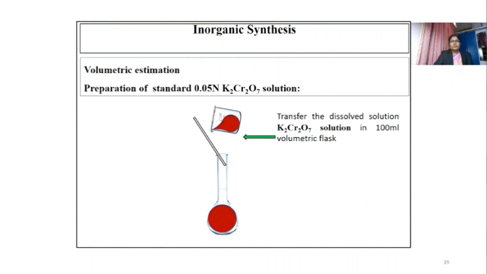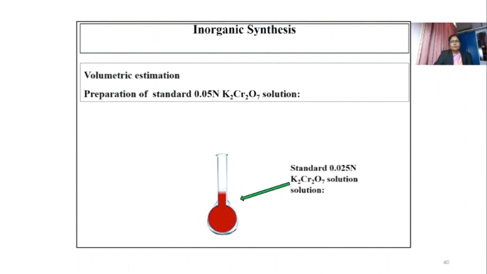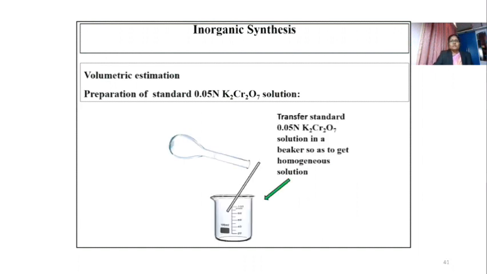Collect all the washings in the same volumetric flask and make up the volume up to the mark. This becomes a standard 0.05 normal potassium dichromate solution. Transfer this solution into the same beaker so as to get a homogeneous solution.